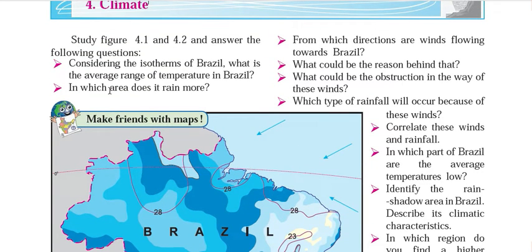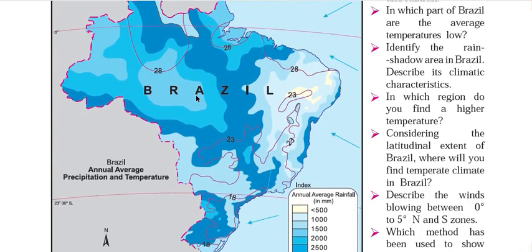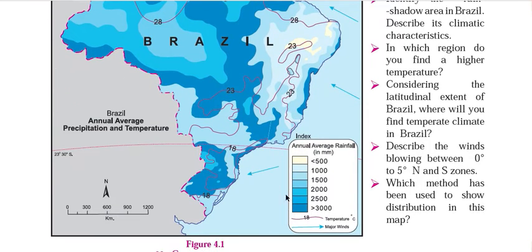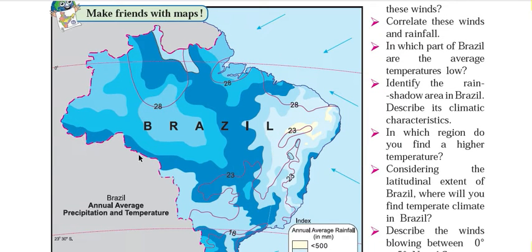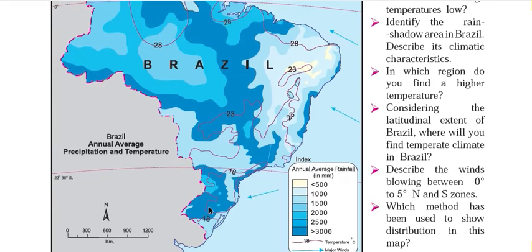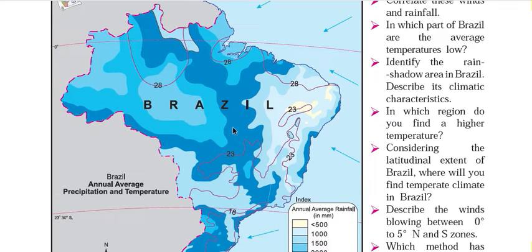Next one: in which area does it rain more? From this choropleth shading you can see the dark blue color showing the regions having highest rainfall. So this coastal region, then this equatorial region, some part of this Pantanal wetland and the western part of Brazil, some southern part, and some central part also has highest rainfall.